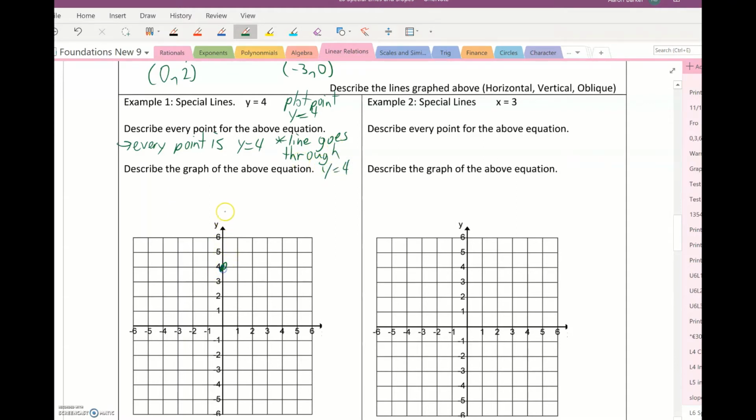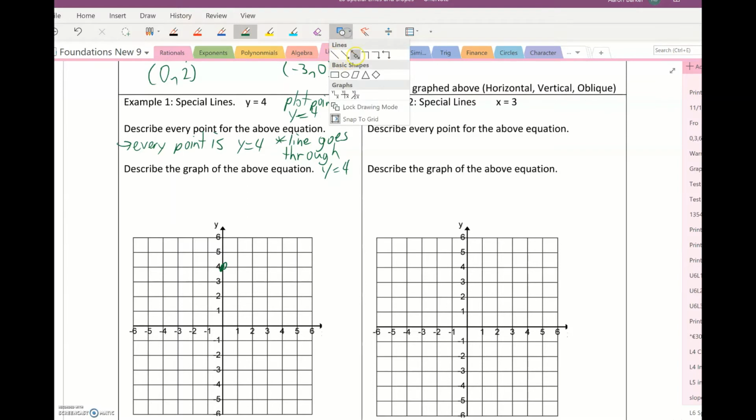So if it goes through y equals 4, it doesn't make sense to go here because then it would go through every y value. It doesn't. It goes through one y value. So this equation always has y equals 4, and basically what you have then is a line that goes right here, right along y equals 4. So the value never changes. Okay, every point has y equal 4.